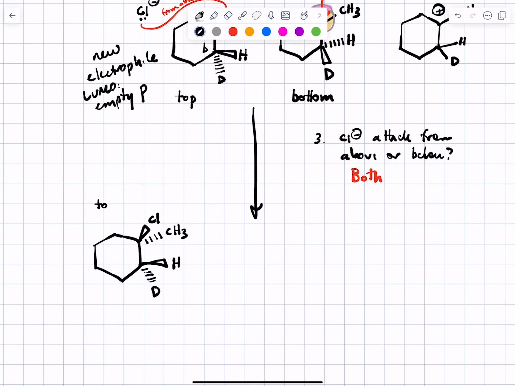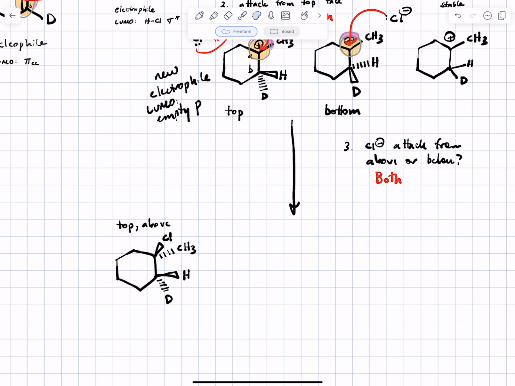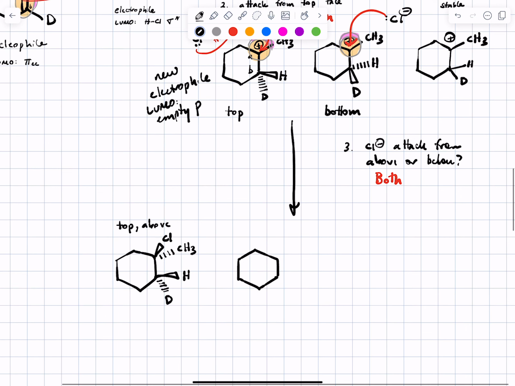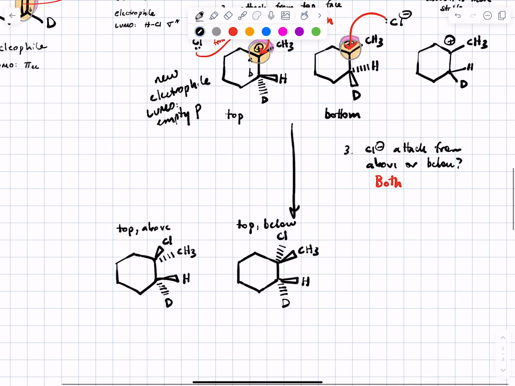So this is the top above product, I guess we could call it, top referring to the fact that hydrogen in the first step got added from the top face. If chloro attacks that empty p orbital from below, then we should get a product where chloro is a dash and methyl is a wedge. This is the top and below product. Okay.